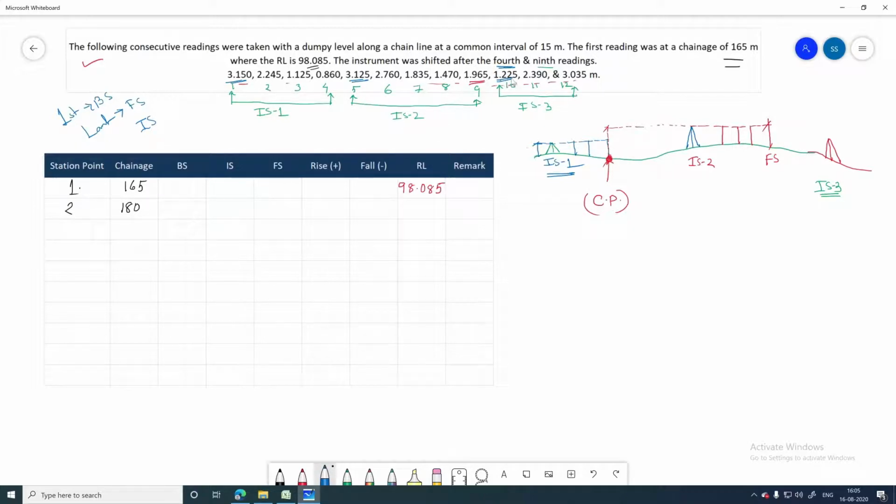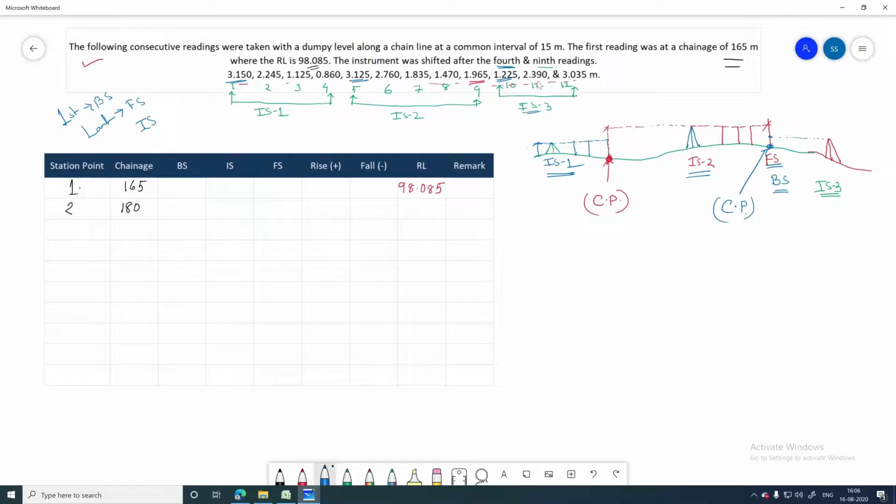This is the first reading taken from instrument station 3, so that is why it is the backside reading. This reading is also taken from the same point, right? Here the foresight reading is taken with respect to instrument station 2 and the backside reading with respect to instrument station 3. So we have 2 values, one for foresight with respect to station 2 and one for backside with respect to station 3. So this is another change point, right?